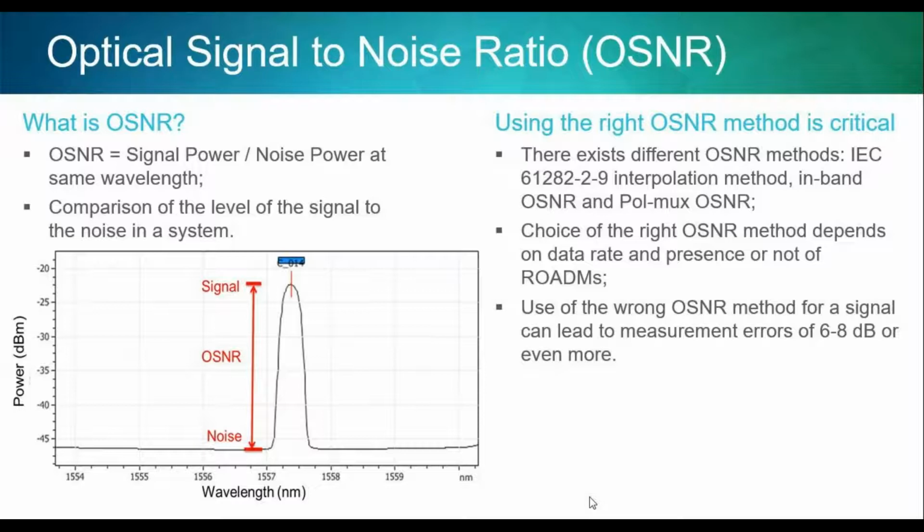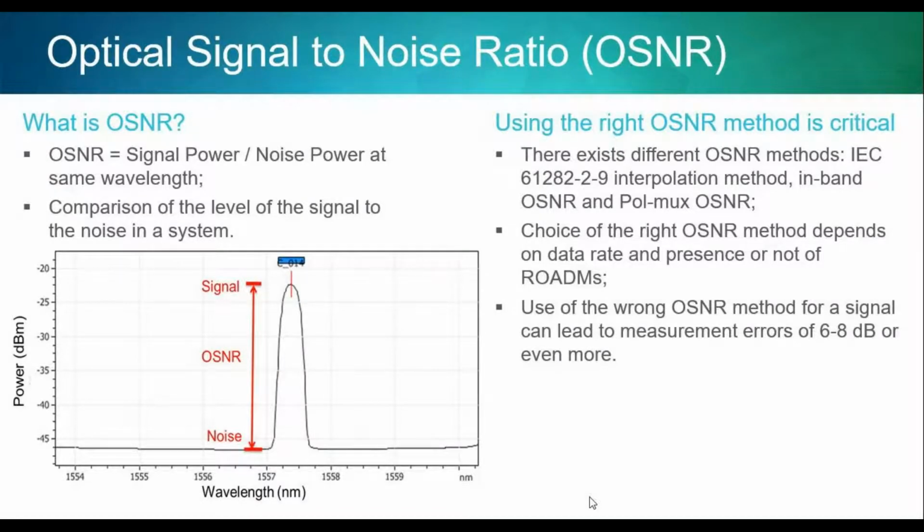When they did the measurement with the tools that they had, they used a method that gave them more or less 25 dB of OSNR. But the specification required was 30 dB and better. So they were measuring 25 dB, and the spec meant 30 dB.